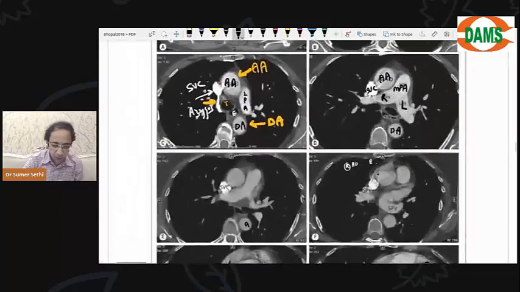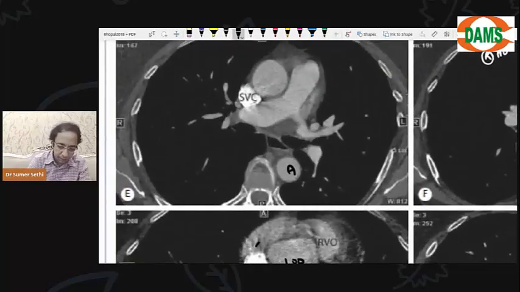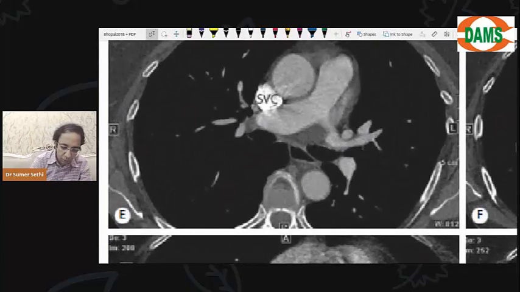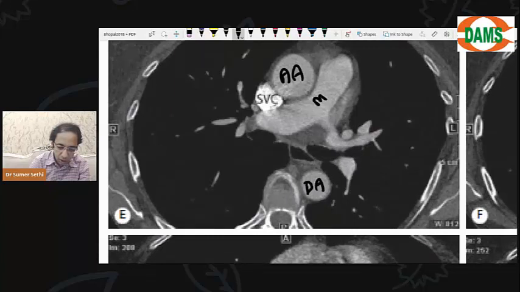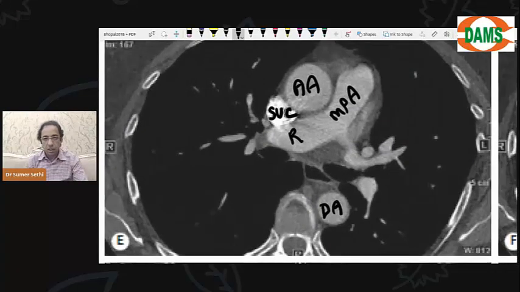Now tell me if you are able to remember: this is your ascending aorta, descending aorta, main pulmonary artery, right branch, superior vena cava. It is very simple to understand. The ascending aorta is the one which is anteriorly placed. The descending aorta is the one which is right next to the vertebra. Then we are always able to understand it clearly.